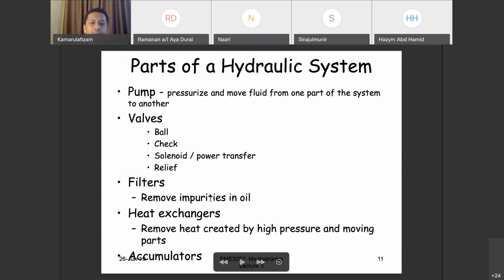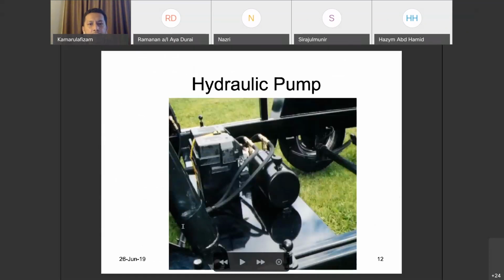So kotoran ni kalau masuk habis kacau, pump wah semua boleh sumbat. So we have to have a filter. And then liquid macam minyak, you put under high pressure, dia biasanya akan panas, and you need to have some kind of heat exchanger to manage dia punya thermal effect lah. And you have accumulator.